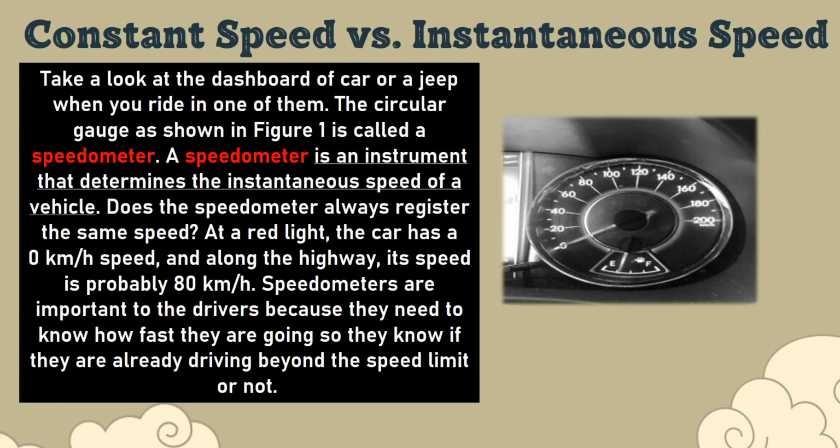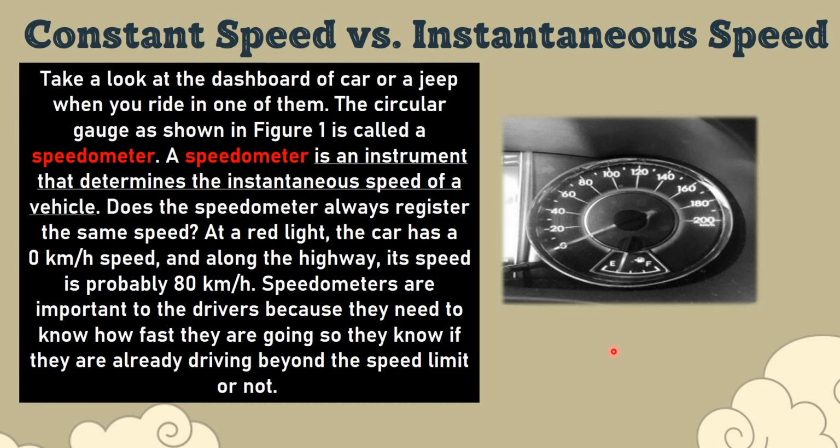The circular gauge, as shown in figure 1, is called the speedometer. A speedometer is an instrument that determines the instantaneous speed of a vehicle. Thus, the speedometer does not always register the same speed. At the red light, the car has 0 km/h speed, and along the highway, its speed is probably 80 km/h.